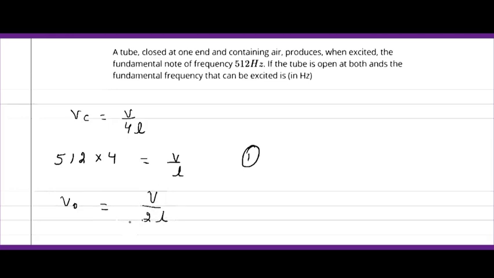This is the open organ pipe fundamental frequency, where we put the value: V naught equals 1 by 2 into 512 into 4 from the first equation, and from the calculation we get 1024 Hertz. This is the fundamental frequency.